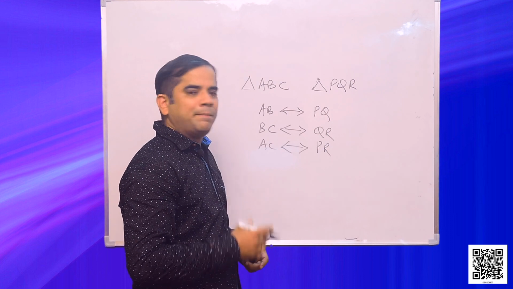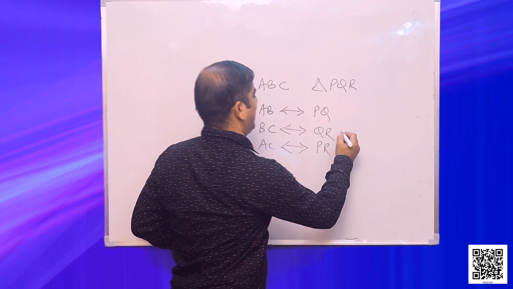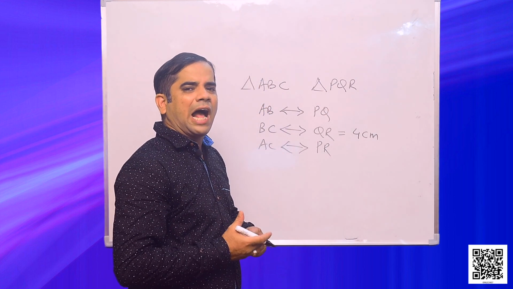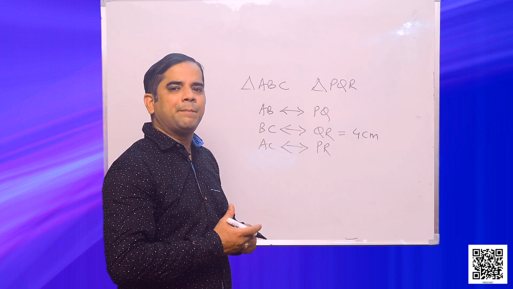In this case BC is corresponding to QR because both are having side 4 cm. We do not have the value of AB, AC, PQ and PR.